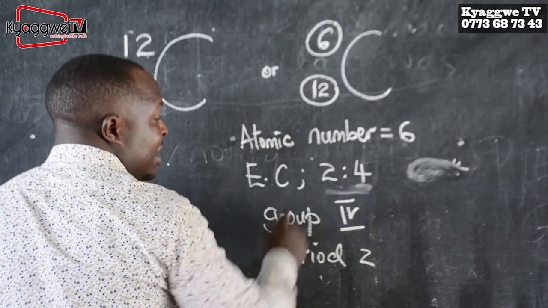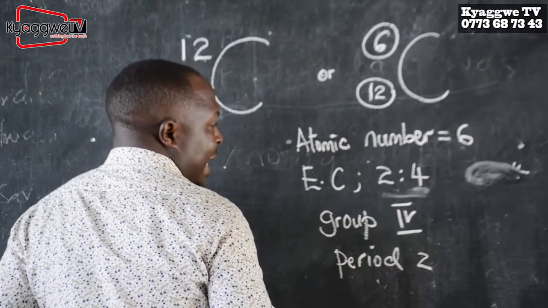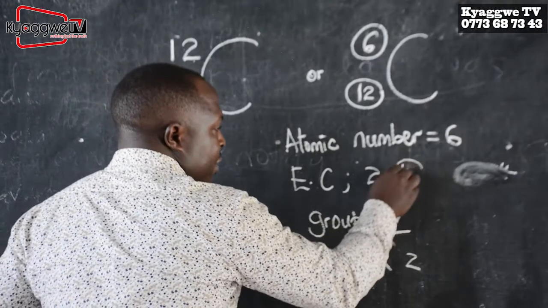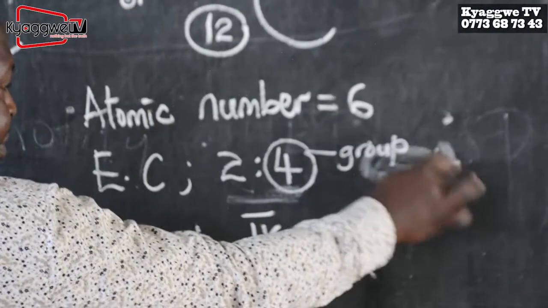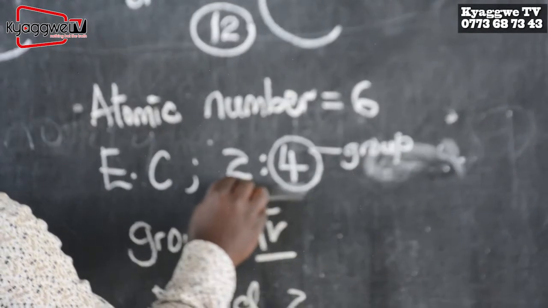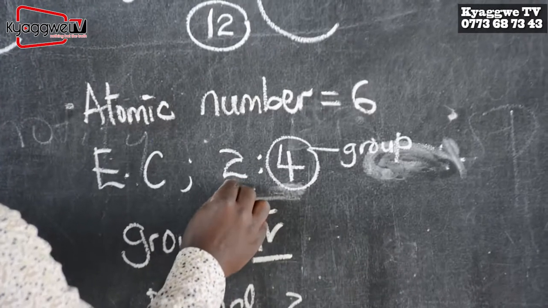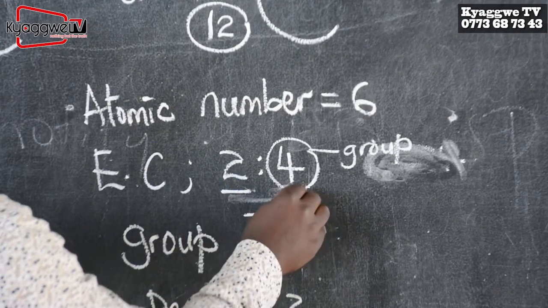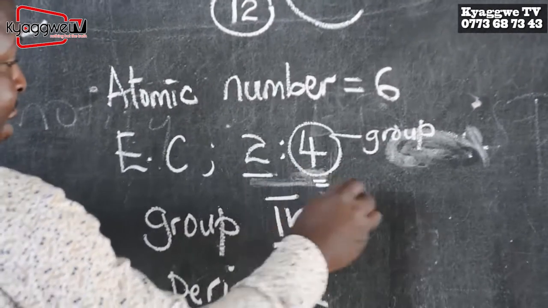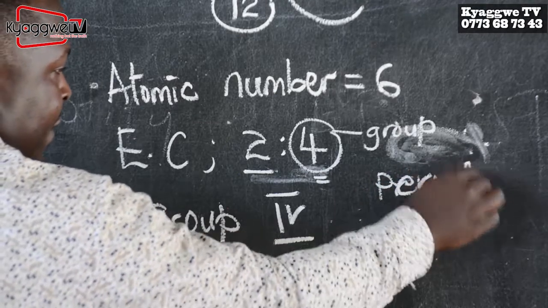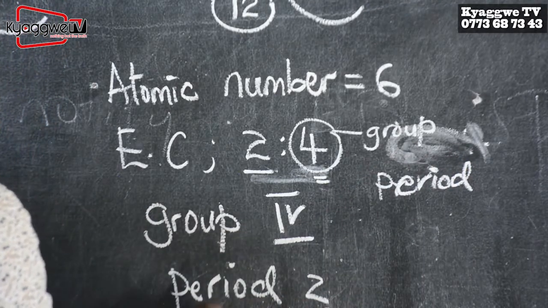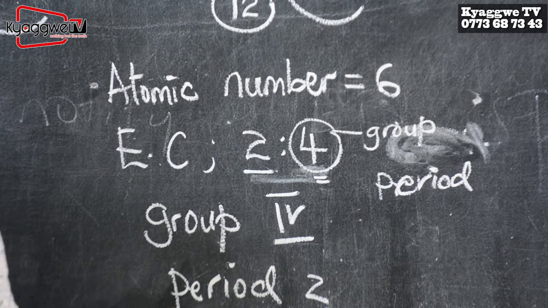The number represents the group to which the element belongs. So this indicates the group. Then the number of energy levels, here there are 2. These ones represent the periods. So in the periodic table, carbon belongs to period 2 and group 4. Very, very important.